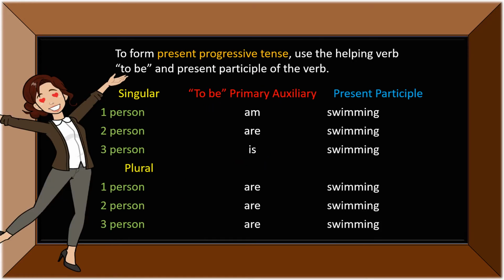To form present progressive tense, use the helping verb to be and the present participle of the verb. So to be as a helping verb is going to be right in front of what we call a main verb. Now, we're going to use the present participle form of the verb. So let's look at those spelling rules.